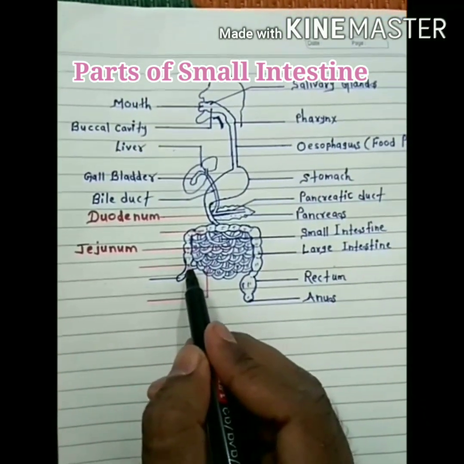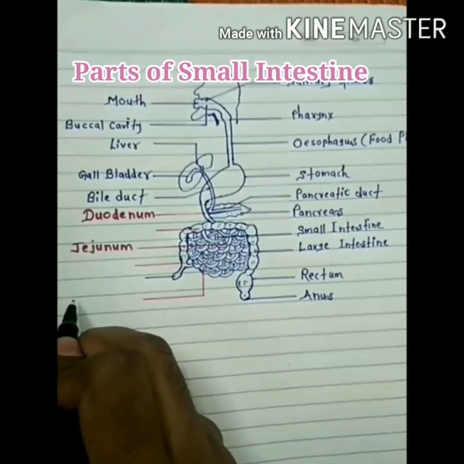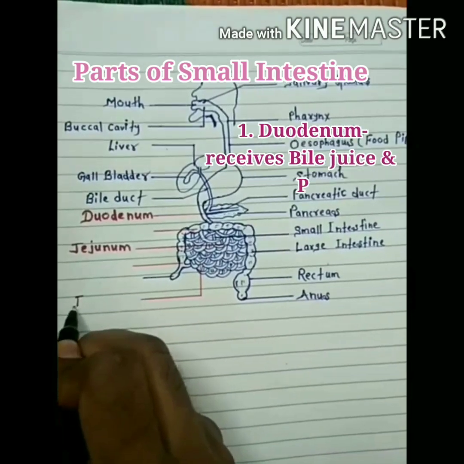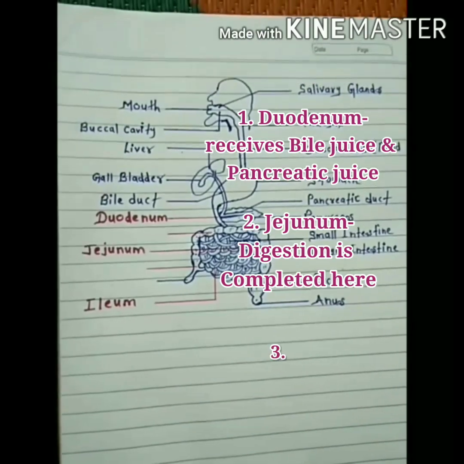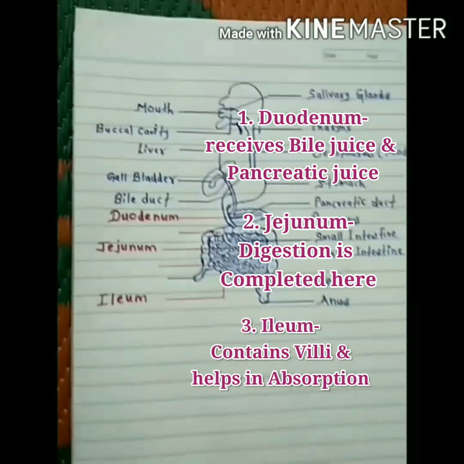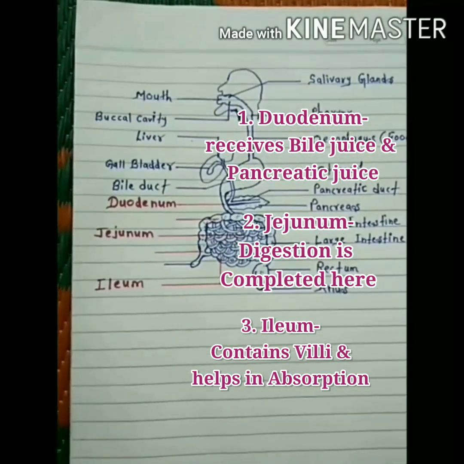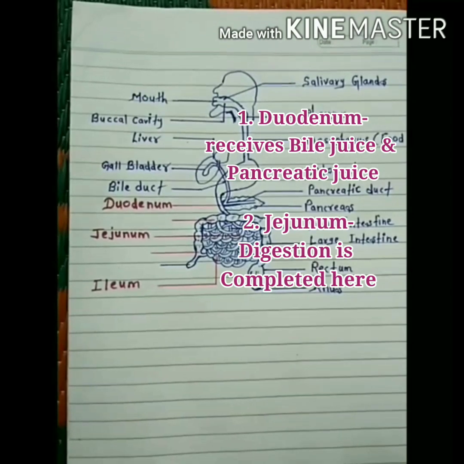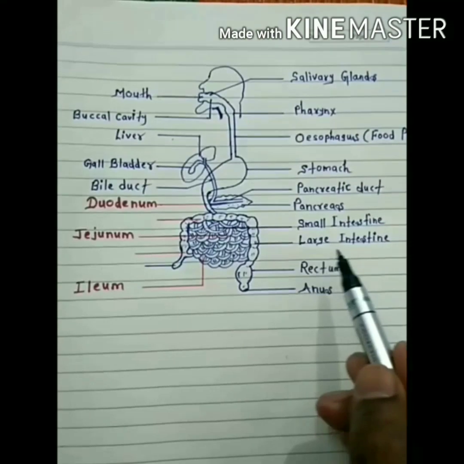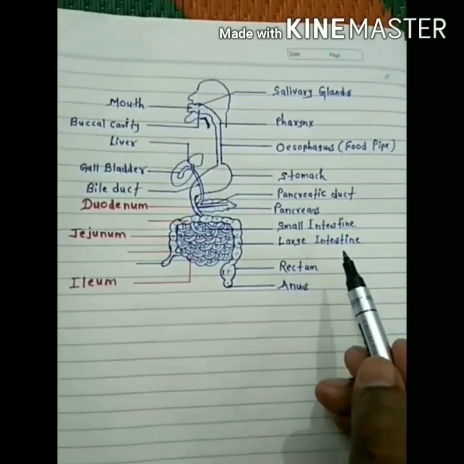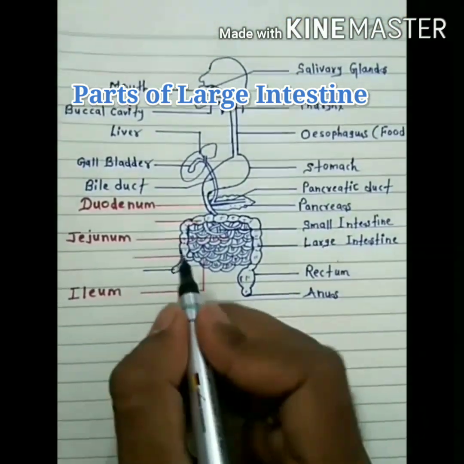And finally, the last part of the small intestine is called ileum. And this part, ileum, helps in absorption. In ileum, some finger-like projections are present which are called villi, singular villus. These villi help in absorption of nutrients. As we have discussed the various parts of small intestine, the large intestine also has various parts. The first part of large intestine is called cecum.